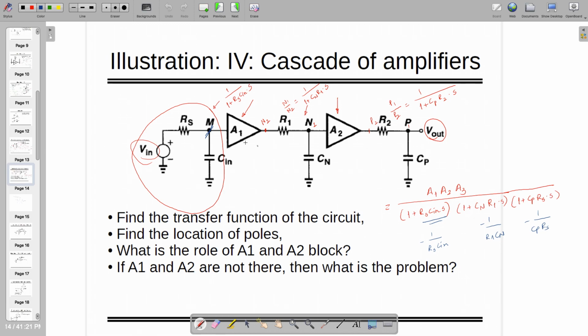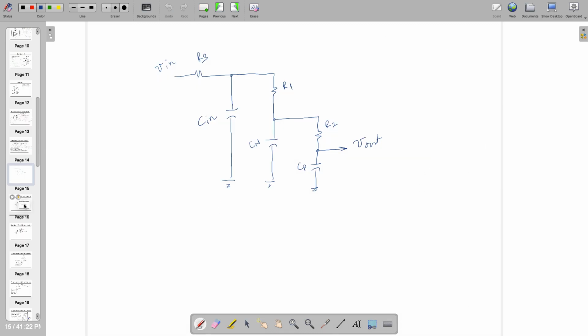So these are the voltage control voltage sources whose input impedance is infinite and output impedance is 0. So then it is not going to load, and it will help you to achieve this transfer function. Okay, and if they are not there, just identify what is the problem, right? So you are not going to have the transfer function which you want.